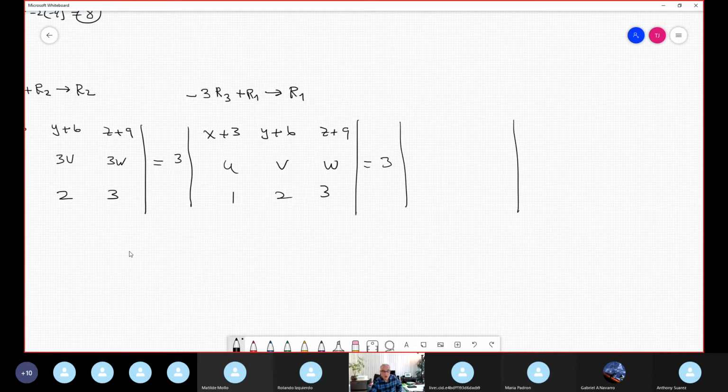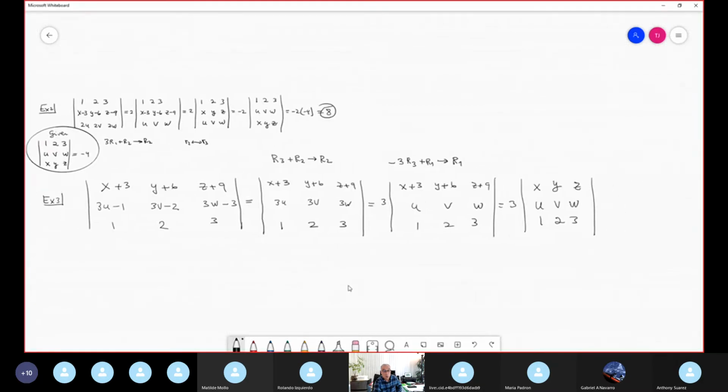The only row that changes is row 1; row 2 and row 3 stay the same. Negative 3 times 1 is negative 3, plus 3 cancels, so x. Negative 3 times 2 is negative 6, plus 6, so y. Likewise z. And this determinant, let me compare with the original.